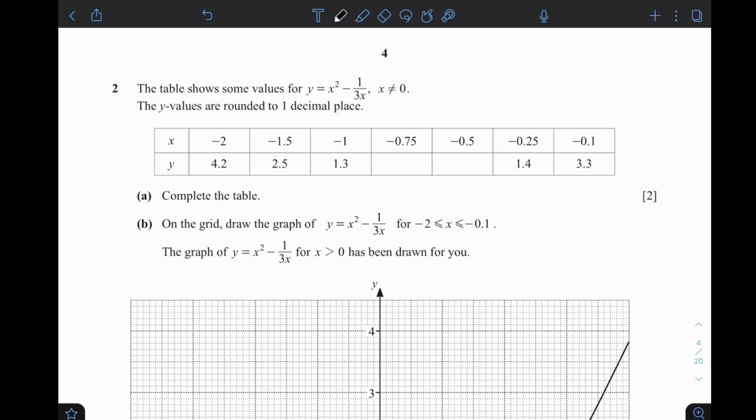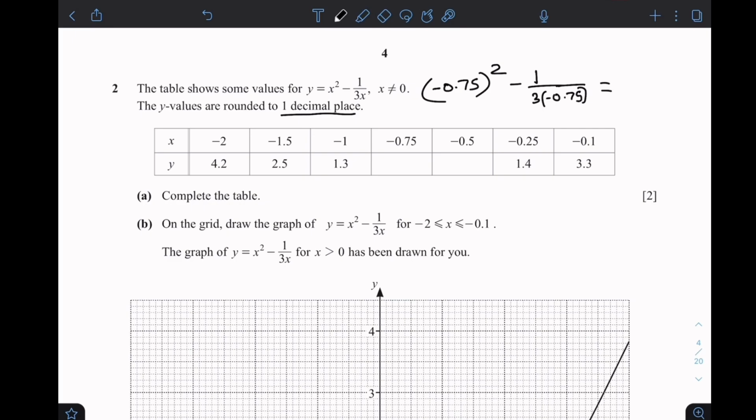For this one, it will be negative 0.75 squared minus 1 divided by 3 times negative 0.75, rounded to one decimal place.